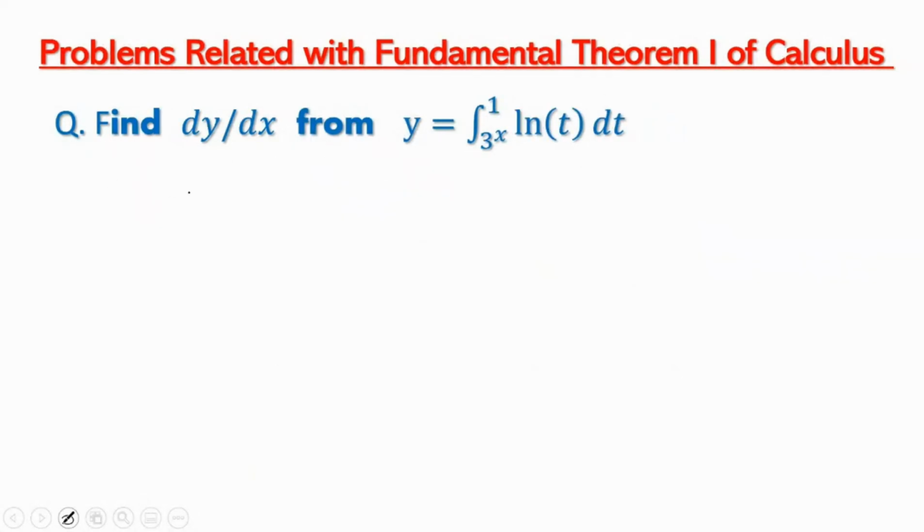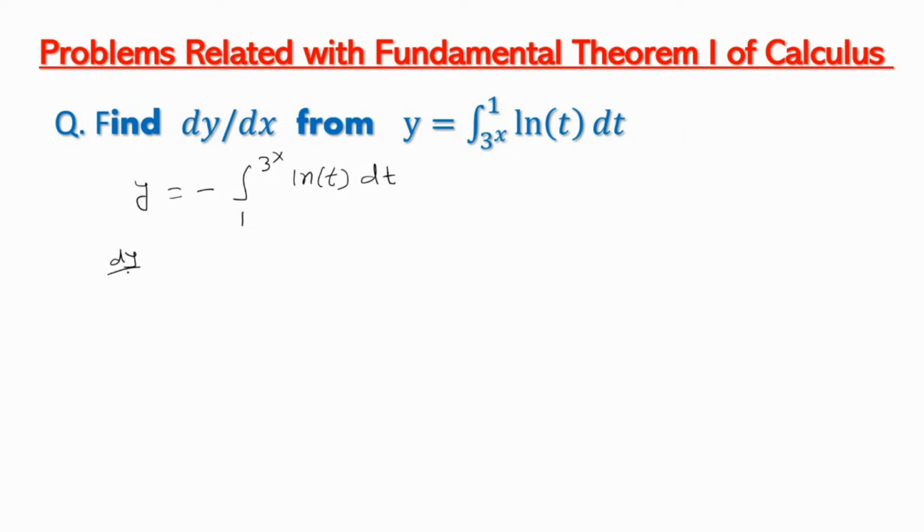The last problem in this section is y equal to the integral from 1 to 3 to the power x of ln t dt. So again we have to write it first. y is equal to minus the integral from 3 to the power x to 1 of ln t dt.